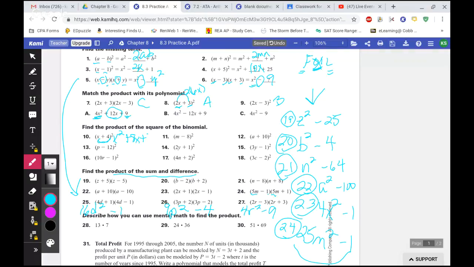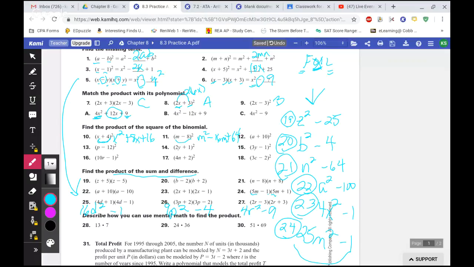And number 11, I would have m times m, so that's going to be m squared. And then m times negative 8, which is negative 8m, times 2 is negative 16m. And then negative 8 times negative 8 is a positive 64.